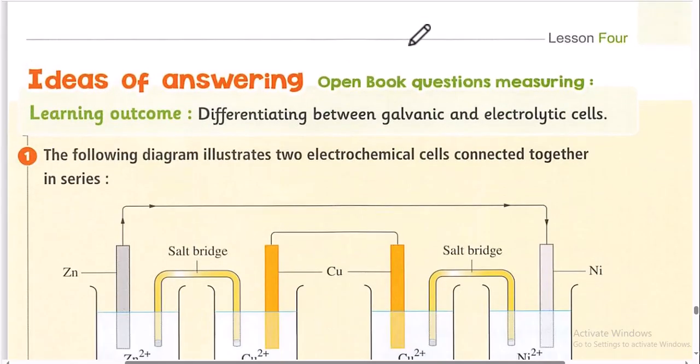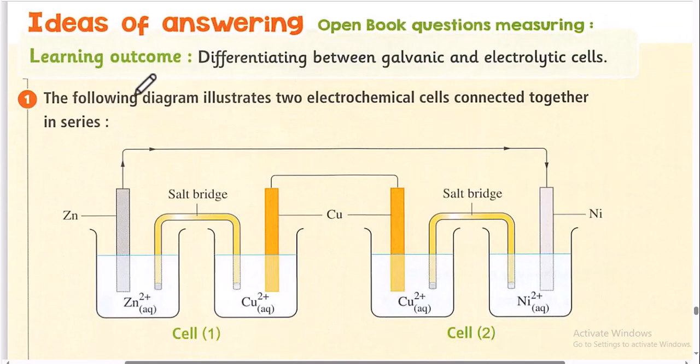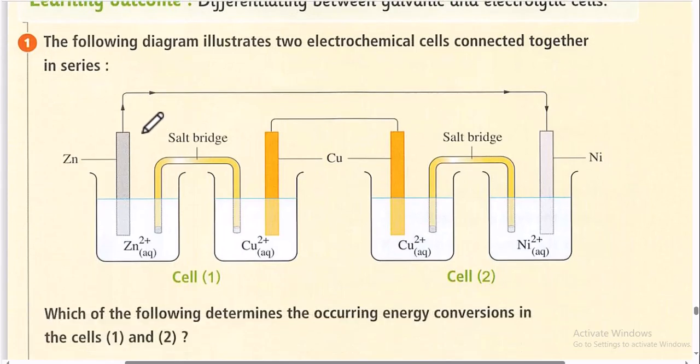So there are some problems here. The following diagram illustrates two electrochemical cells connected together in series. The first electrode is zinc, the second is copper, the third is copper, and the fourth is nickel.